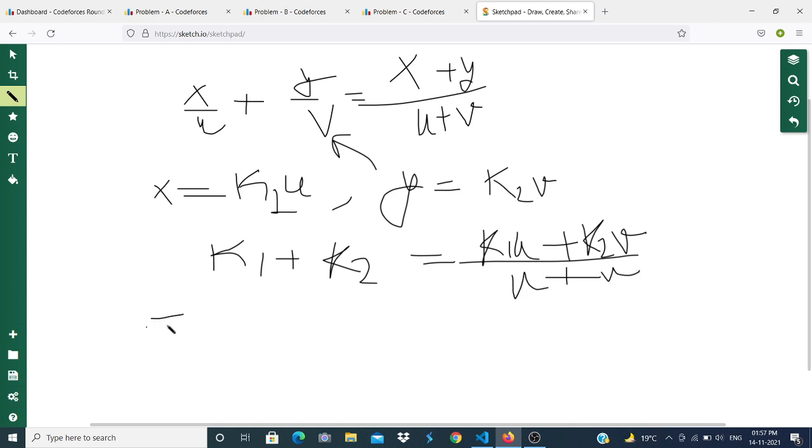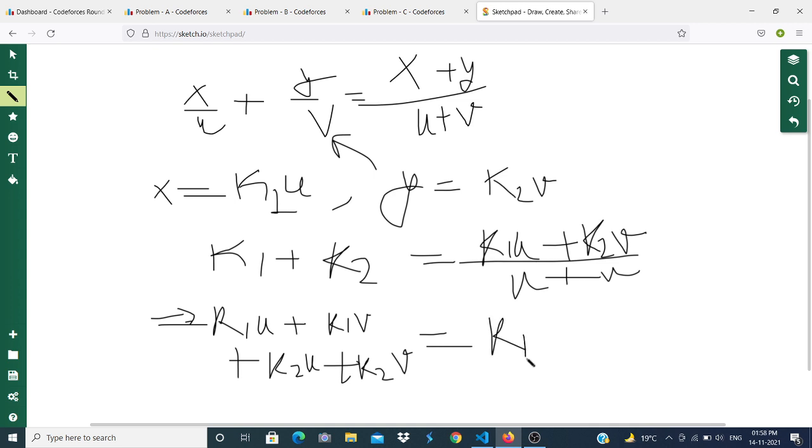If you just cross multiply, this will become k1 times u plus k1 times v plus k2 times u plus k2 times v is equal to k1 times u plus k2 times v. Now as you can see, k1 times u will be cancelled and k2 times v will also be cancelled.